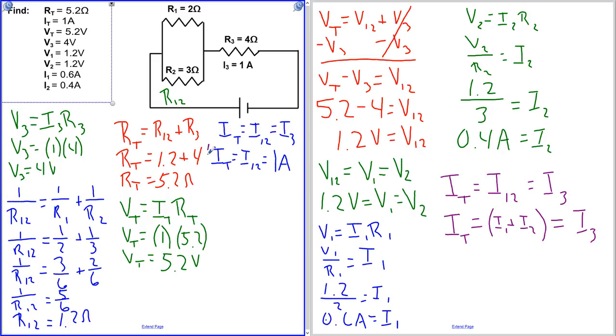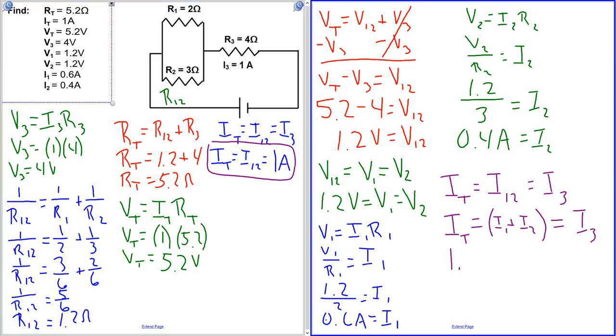Remember, we did solve this a little bit earlier over here. So now I total, which was 1 amp, equals 0.6 plus 0.4, which equals I3, which was given, which is 1 amp. So I have 1 amp equals 1 amp, which equals 1 amp. And that's just a good way to check our work at the end.